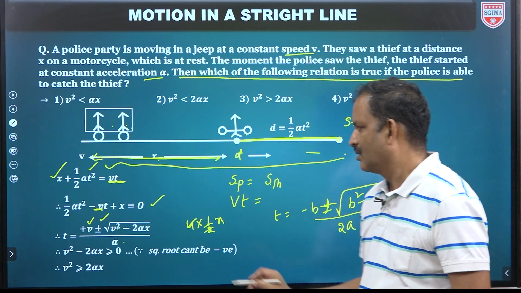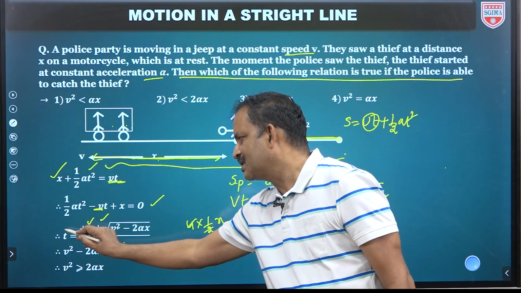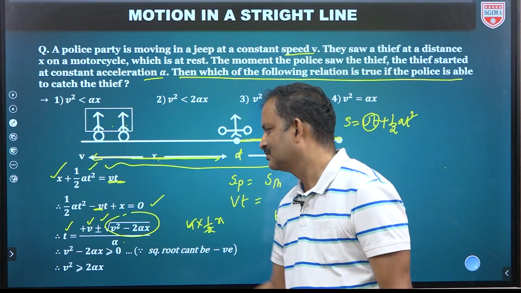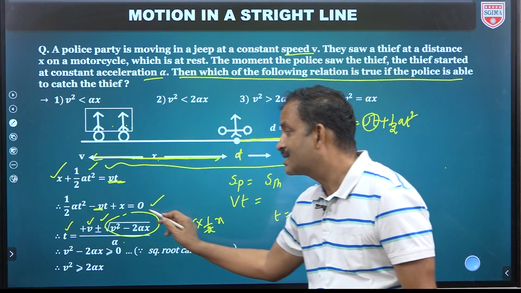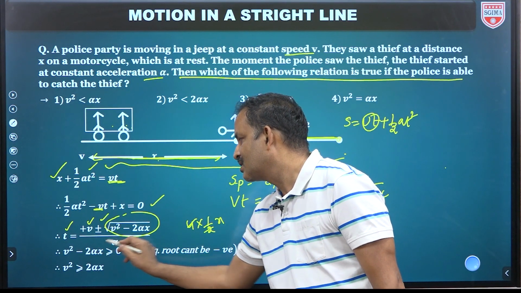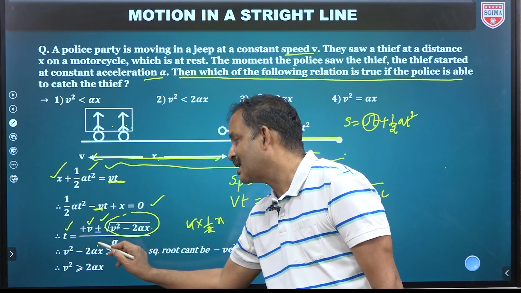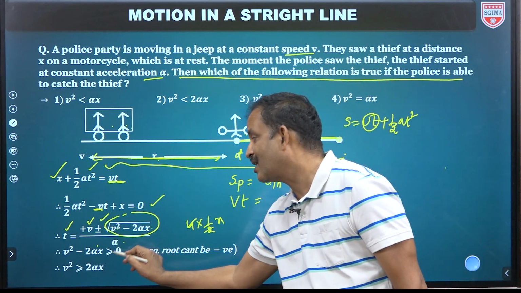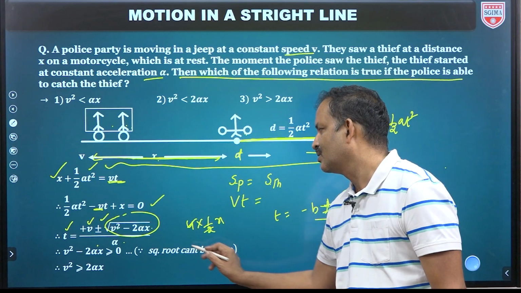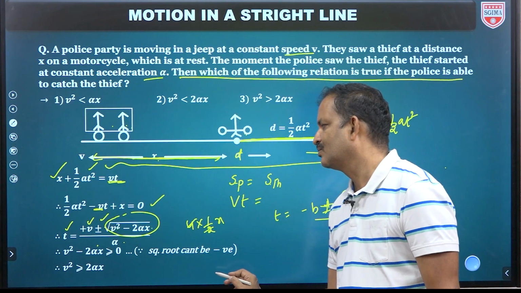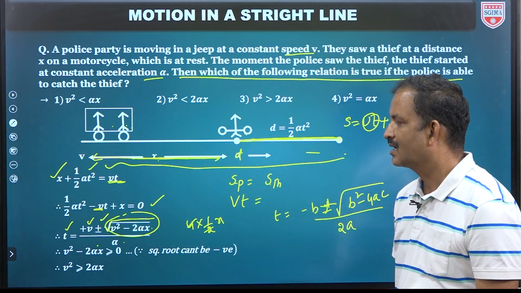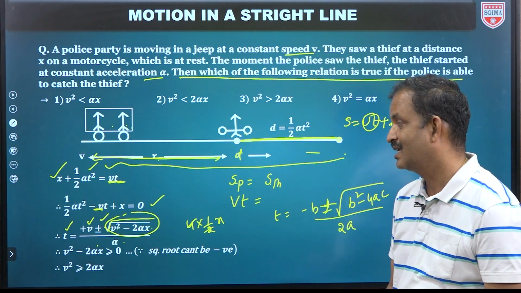But this time is real. So, this should be real. To get a real value under the root, v square minus 2 alpha x should be greater than or equal to 0. Inside the square root, if you get a minus value, you cannot get real values. You will get imaginary values, but time is real.